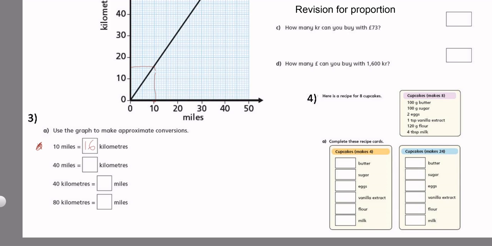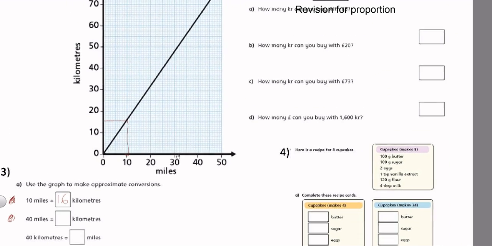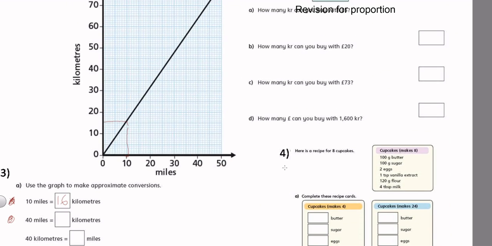Now, next one, I'm going to change 40 miles into kilometers. So locate 40 miles, it's right there.